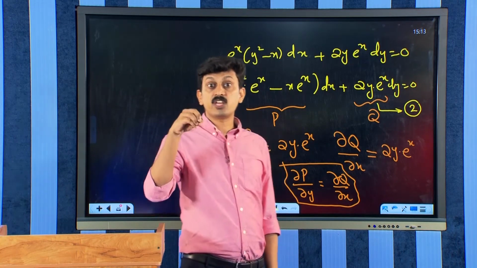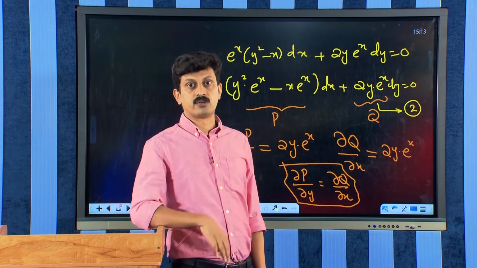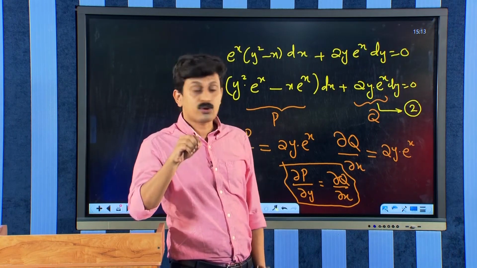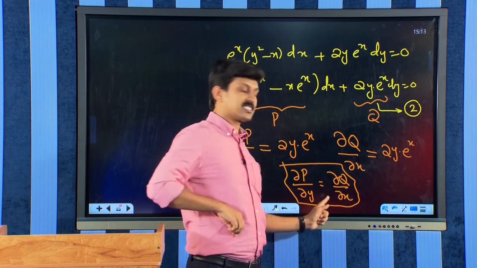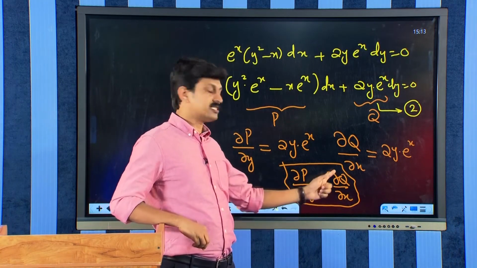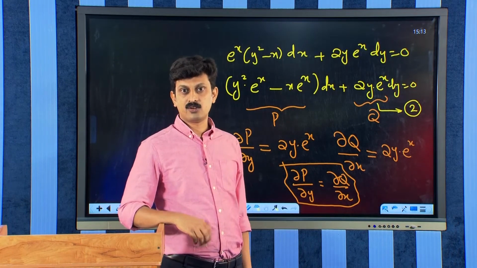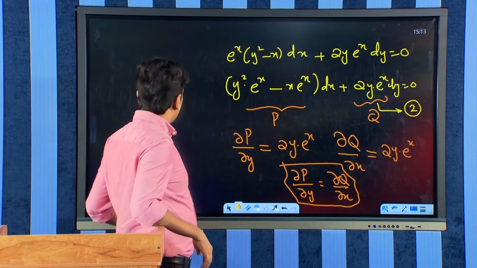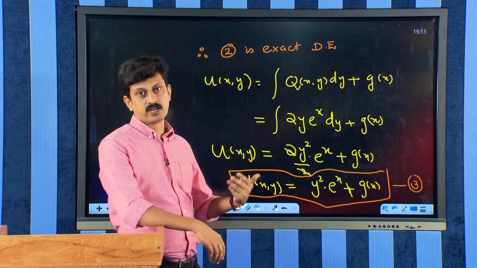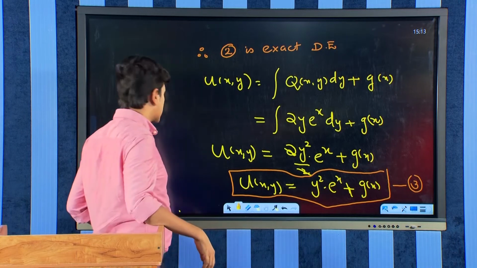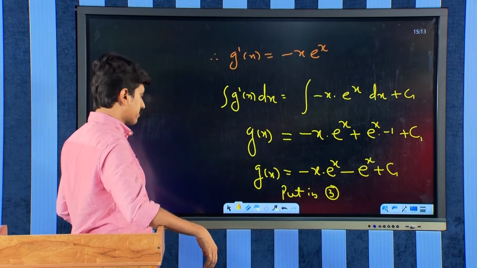That is equivalent to differential equation 1, and the equation 2 is exact because Py is equal to Qx. So, naturally we can solve it as we solved before. This is the method of finding the integrating factor.